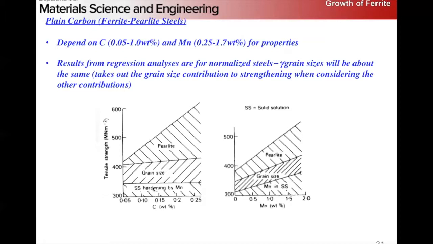So the properties of plain carbon ferrite pearlite steels, right, are going to depend strongly on our carbon concentration and our manganese alloying concentration. And we can do some statistical analysis to separate out these two effects.